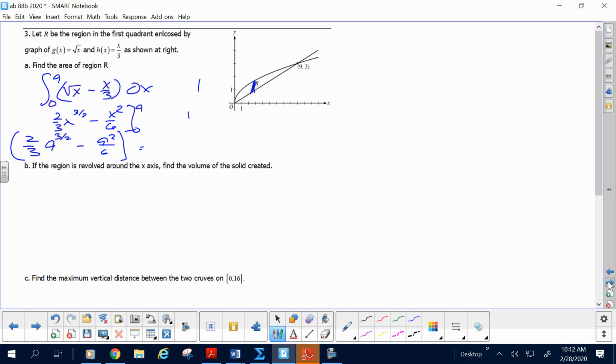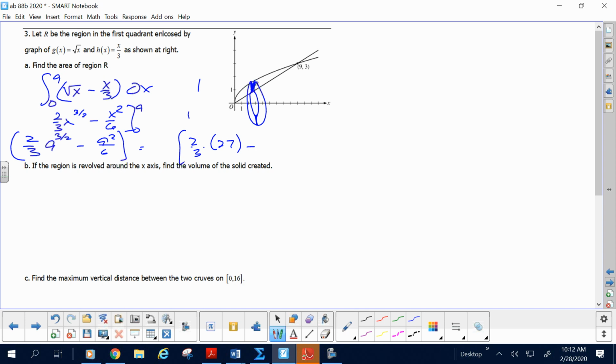No, you're not. You should square root first and call it 3, and then cube that. Make it smaller first, then bigger. Don't cube it first. That's terrible. Okay? It's 2/3 times 27, and go from there. The region revolved.